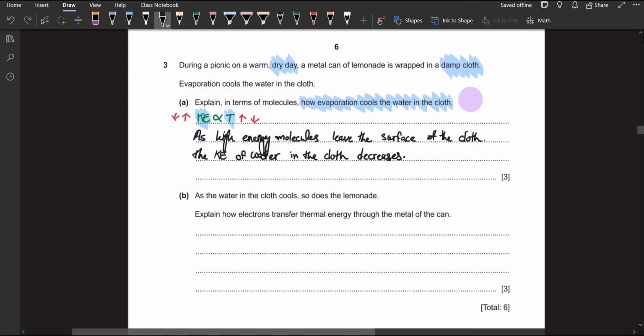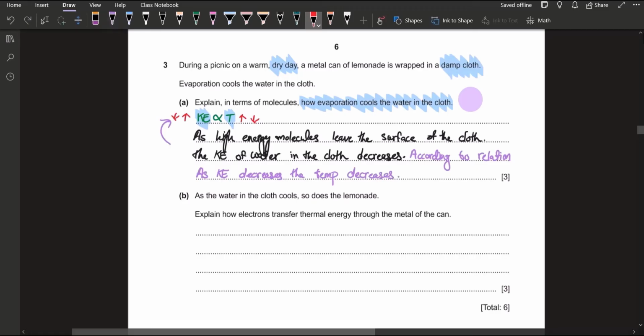And according to our formula, as kinetic energy decreases, the temperature will also decrease. So we can write down here, according to the relation, as kinetic energy decreases, the temperature decreases. And this will be pretty much it for this question.